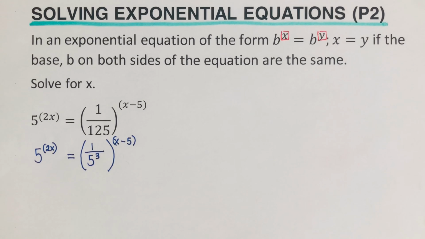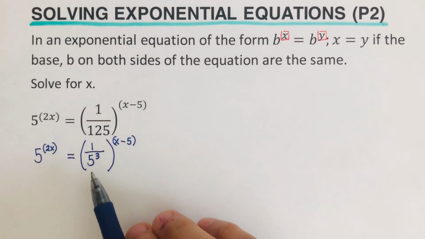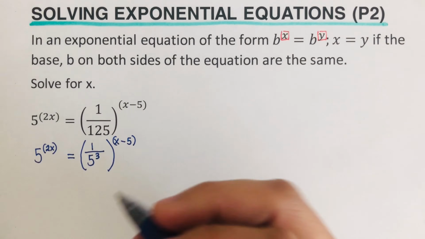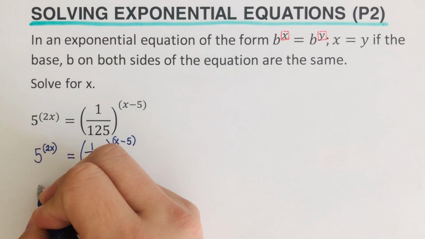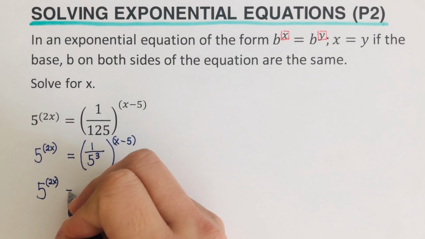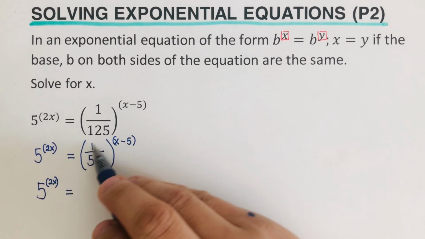Now, using the properties of exponents, once we flip this fraction, we are going to switch the sign of the exponents. So then we can go ahead and rewrite this as 5 to the power 2x. That would be equal to, again, we flip this fraction.